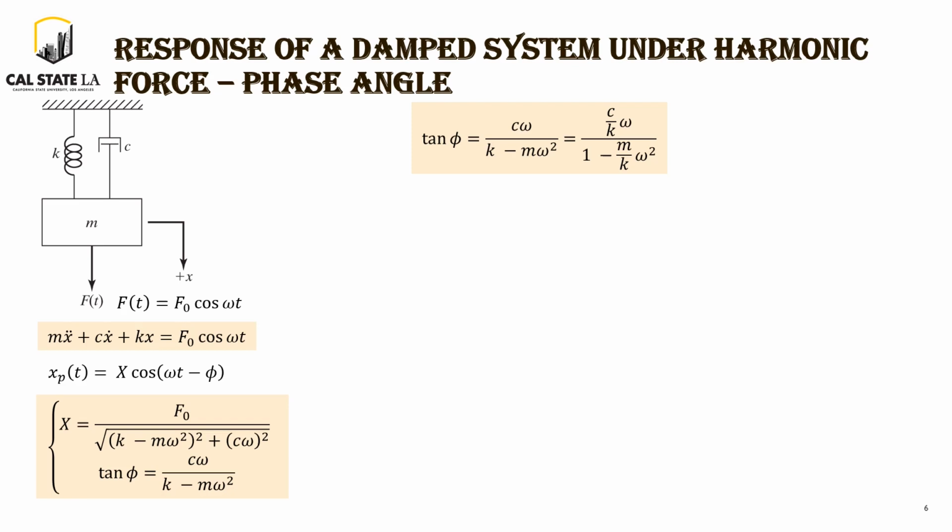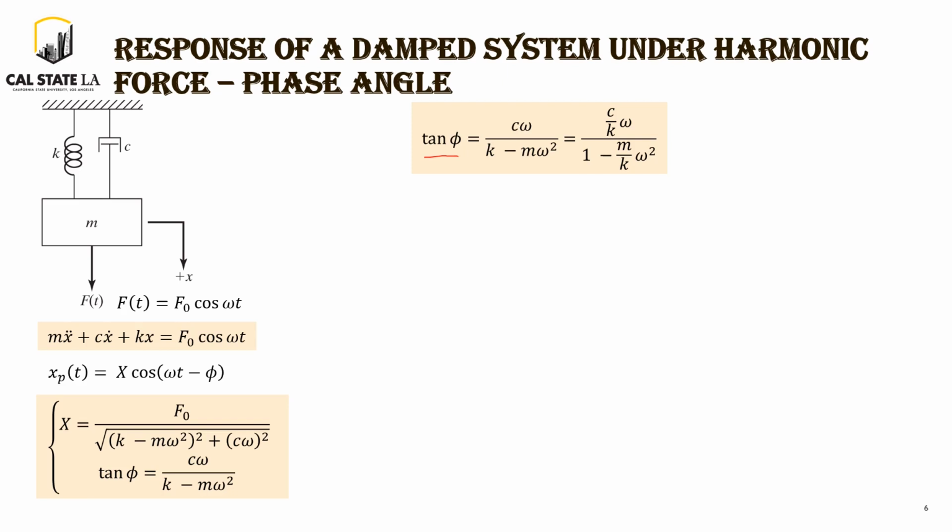All right, let's look at the phase angle. From the previous discussion, we know that tangent phi is equal to c omega over k minus m omega squared. And similar to what we did for the amplitude x, over here we want to write this in terms of the frequency ratio r, and see what we can do about it.